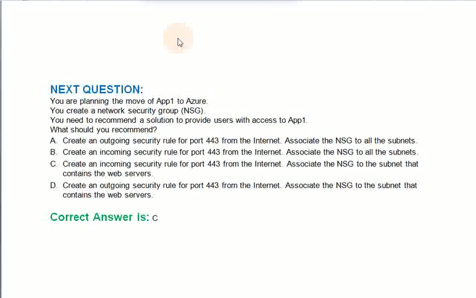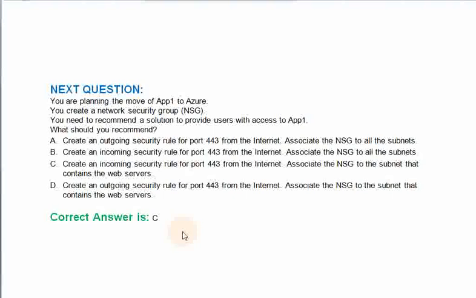You are planning the move of App 1 to Azure. You create a network security group. You need to recommend a solution to provide users with access to App 1. What should you recommend? Option A, create an outgoing security rule for port 443 from the internet. Associate the NSG to all the subnets. Option B, create an incoming security rule for port 443 from the internet.